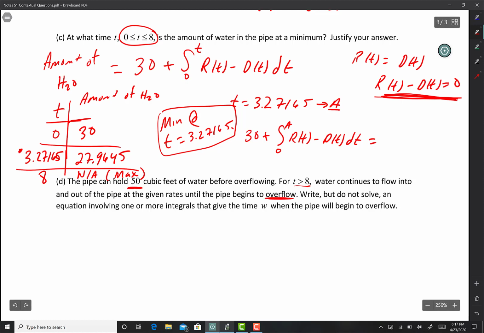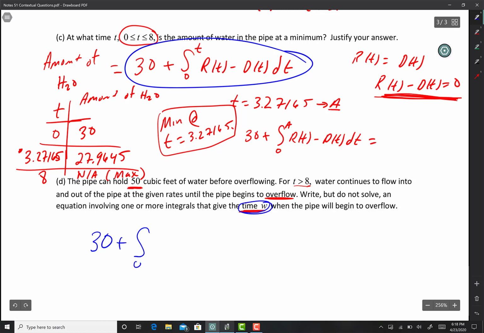All right. Write, but do not solve, an equation involving one or more integrals that gives the time w. So I'm going to replace t with a w when the pipe begins to overflow. So I'm looking at this equation right here, guys. I'm going to write 30 plus integral. They want to solve for w. It says right here, time w. So I'm going to write 0 to w.